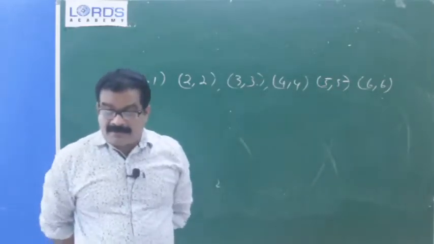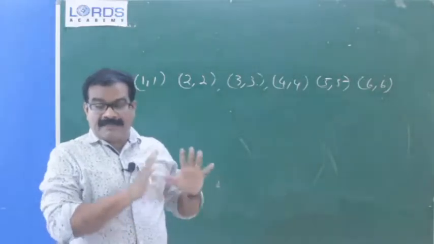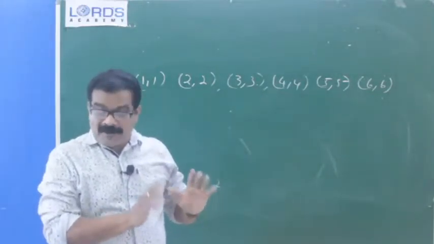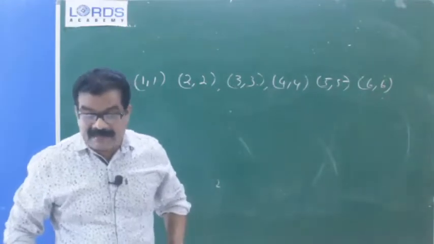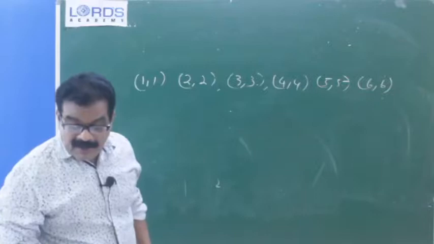Then after writing the total 36 outcomes, you find a number less than 3 on each side.